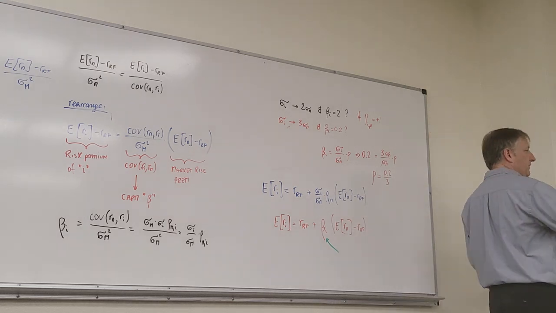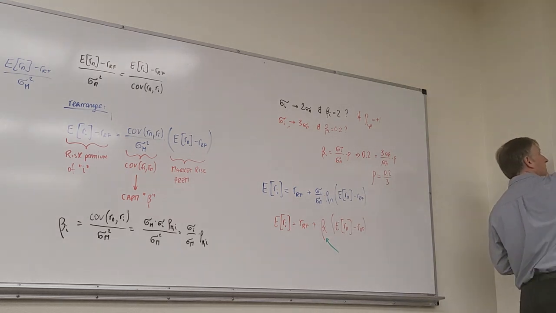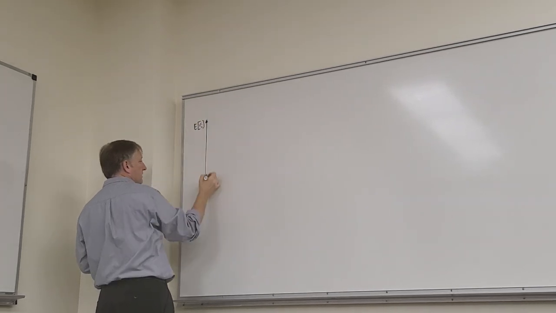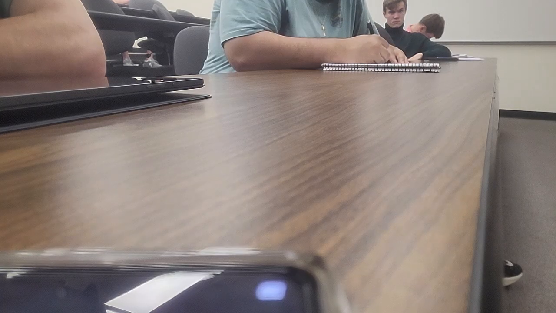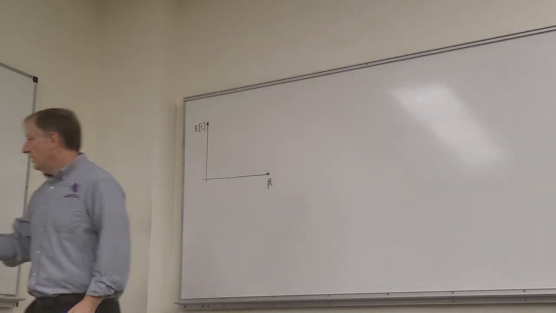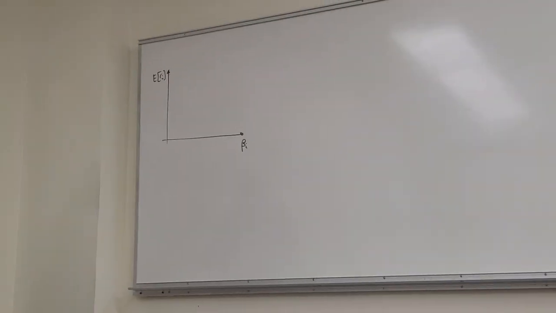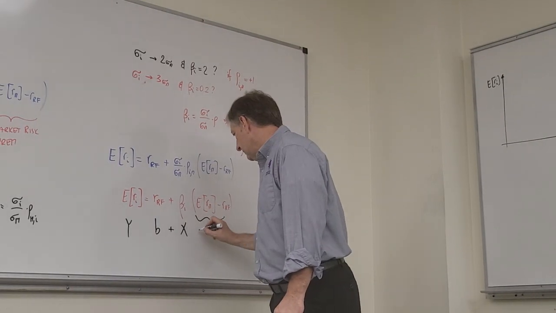So if you remember from your previous courses, we did this graph, right? Where you have the expected returns of an asset on the y-axis, and I want to put the beta on the x-axis. This is a fixed number. This is another fixed number.